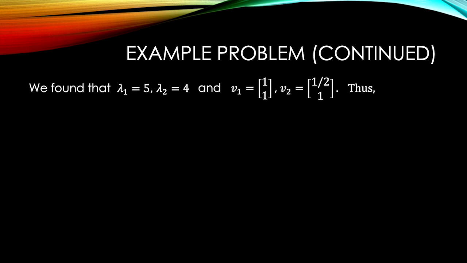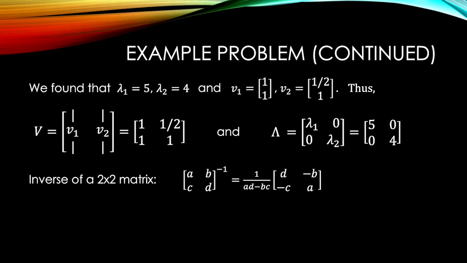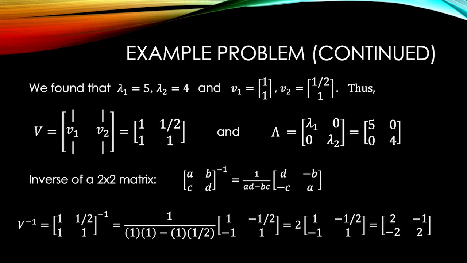Now that we have our eigenvalues and eigenvectors, we can write out the eigenvalue matrix and the eigenvector matrix. To find the inverse of the eigenvector matrix, recall the definition of the inverse of a 2x2 matrix. Using this formula, we can easily calculate the inverse of the eigenvector matrix, where A is 1, B is 1/2, C is 1, and D is also 1.